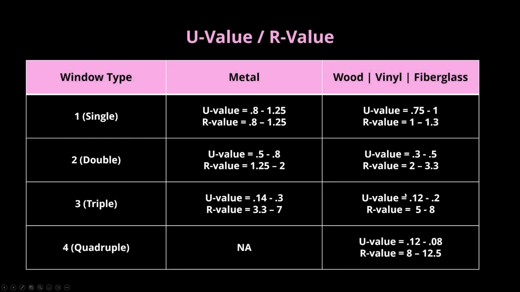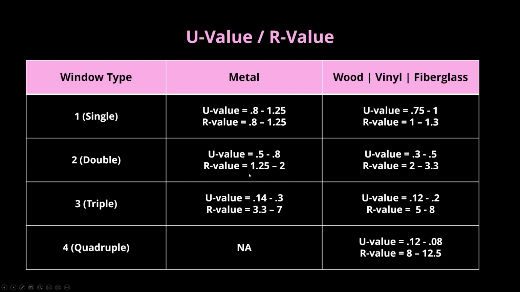If you look at this all together, what you're going to find is that when you have a single pane window, the frame is not going to make such a big difference because you have such significant losses from that single pane. You're going to have U values as high as 1 with R values as low as 1, and it's going to be pretty consistent even with wood, fiberglass, or vinyl.